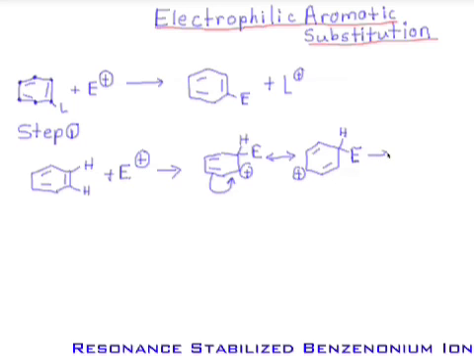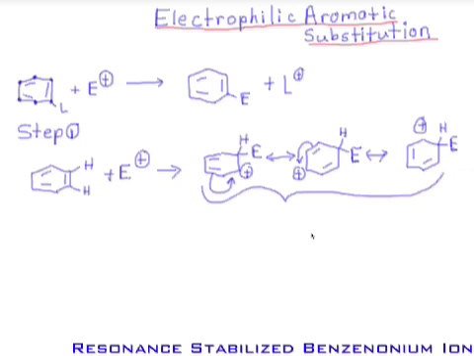And if I produce one more resonance structure, these pi electrons could move here, and that would put the plus up here. Now, all resonance structures are simply representations that localize bonds, and none of them exist. What exists is the resonance hybrid.